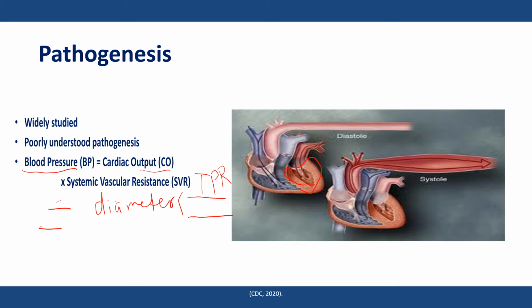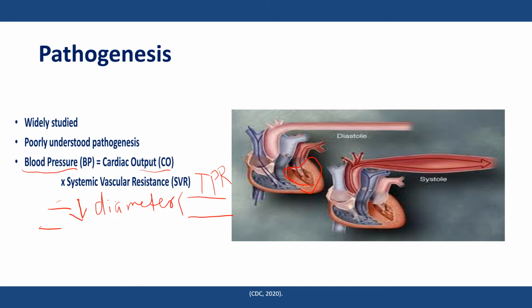So when you increase the resistance, you are increasing the blood pressure. So you can say that decreased diameter means you're increasing the SVR. And by doing that, blood pressure will go high.